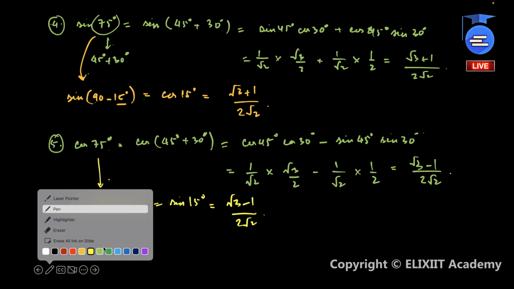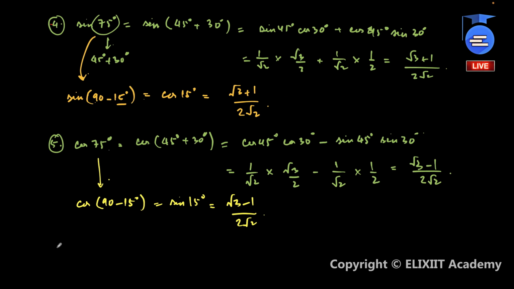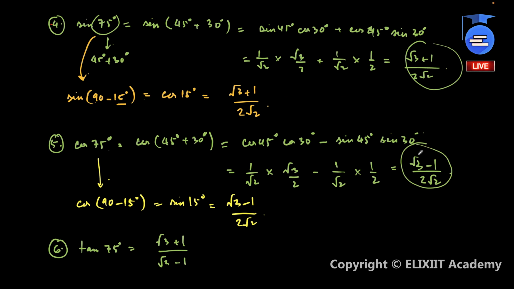Okay, next one. Similarly, the sixth one is tan 75 degree. Now you know sin and cos, so you can find the value of tan 75 degree, that is sin 75 degree divided by cos 75 degree. So this is root 3 plus 1 divided by root 3 minus 1. Root 3 plus 1 upon 2 root 2, divided by root 3 minus 1 upon 2 root 2.